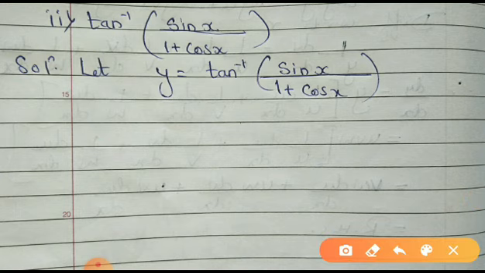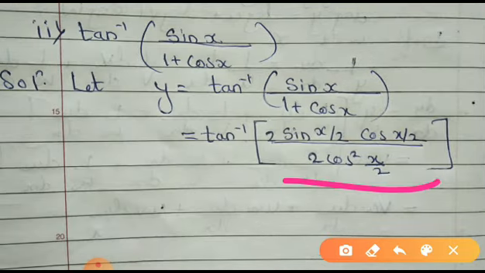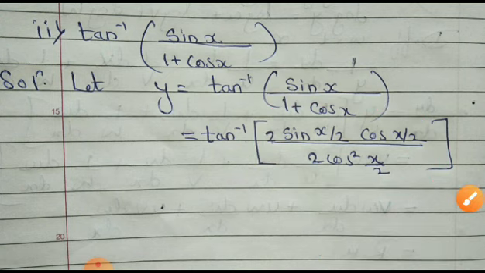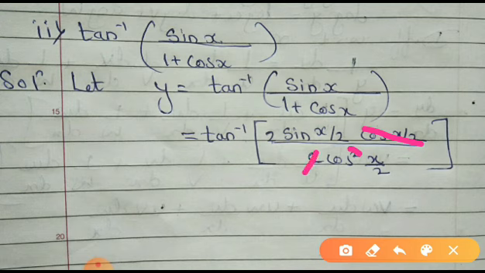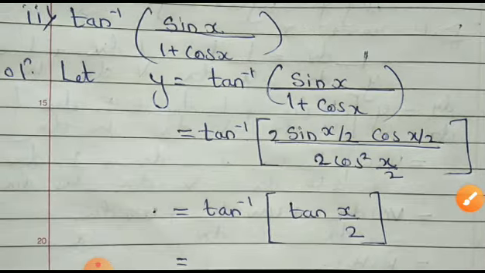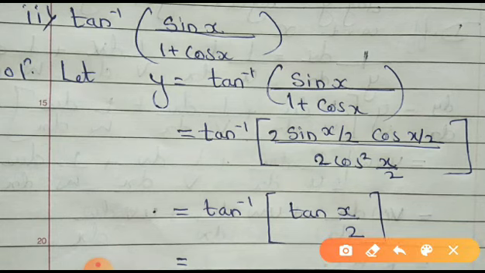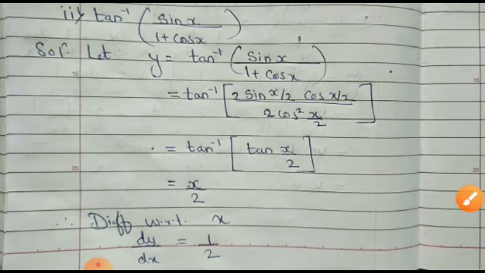And 1 plus cos x as 2 cos square x by 2, by using the identities. Now one cos will be cancelled, and this 2 and this 2 will get cancelled. So I'll be getting tan inverse of sin x by 2 by cos x by 2, that is tan x by 2. Then tan inverse and tan will get cancelled and you'll get just x by 2.